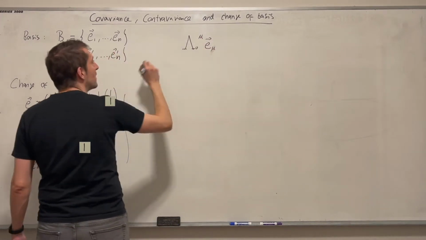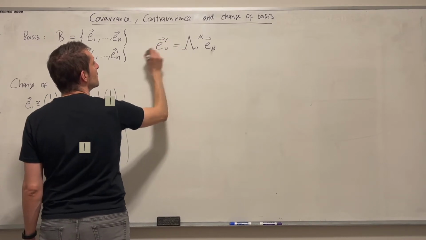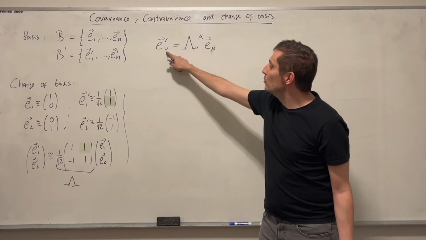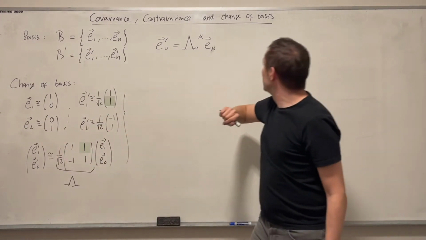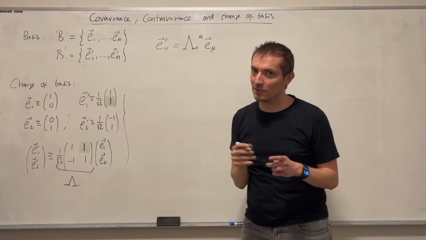And then this is going to be the new element of the basis, e sub nu. So the nuth vector is equal to the entries of the matrix acting on the vectors of the basis.